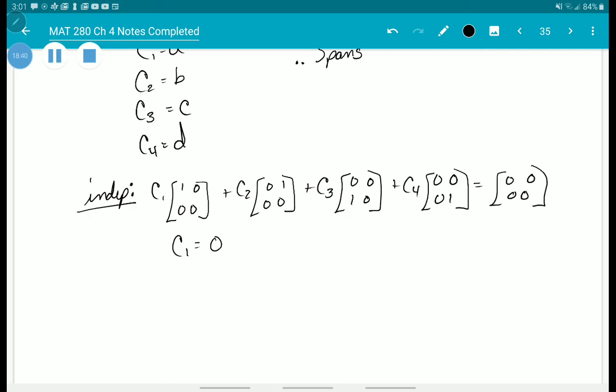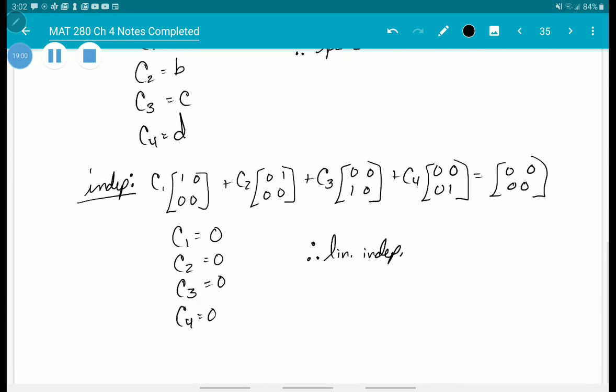So C1 is going to have to be equal to 0. C2 is going to have to be equal to 0. C3 coming from here has to be equal to 0. And then C4 has to be equal to 0. So the only solution is the trivial solution, which means that these vectors are linearly independent. Since it spans, since it's independent, then it forms a basis. So therefore, it forms a basis for M22.